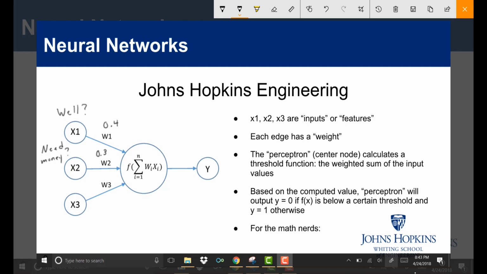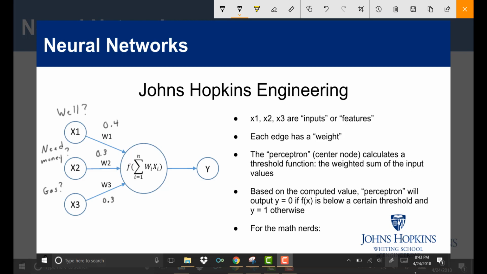And then let's say my third input or feature is going to say, do I have gas in my car? And that one also carries a weight of 0.3, so that our weights sum to 1.